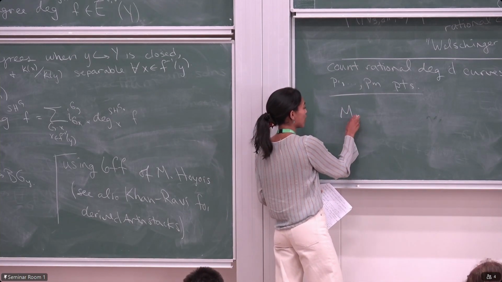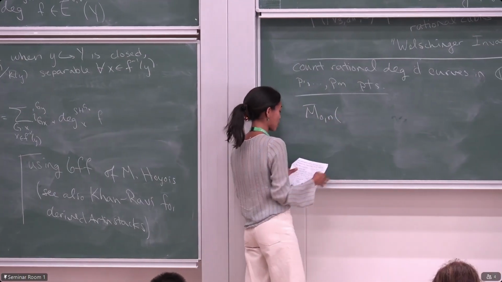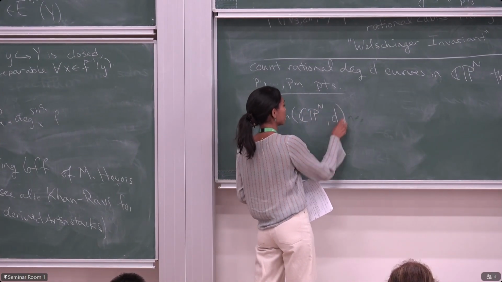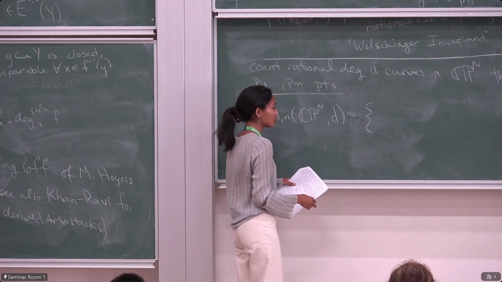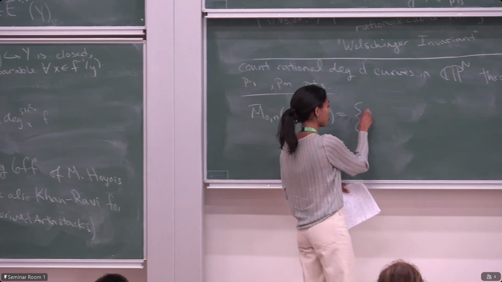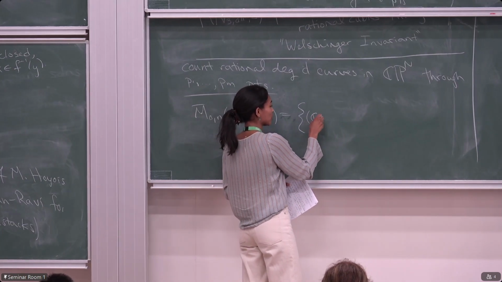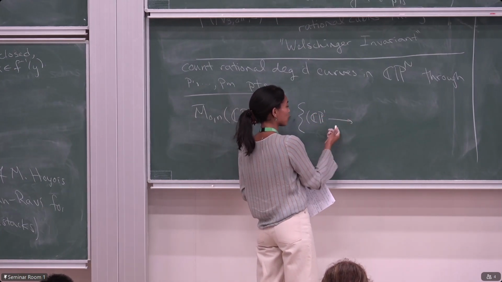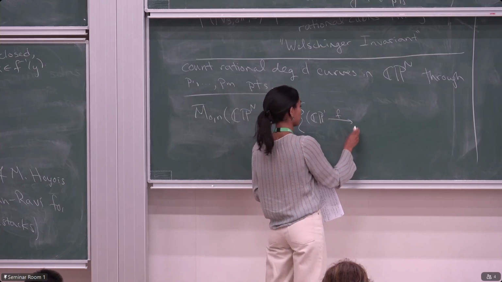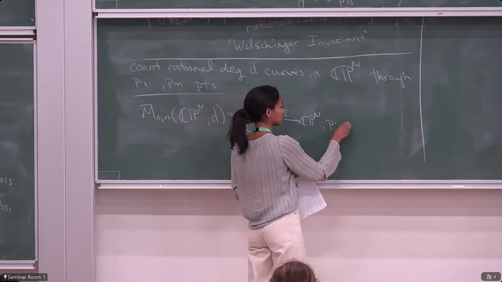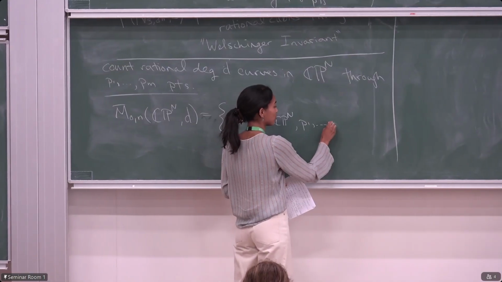So let M0,m bar of Pn, d be the set of tuples, and here is what's in that. We take a stable rational curve, just take your rational curve and take m points on it.